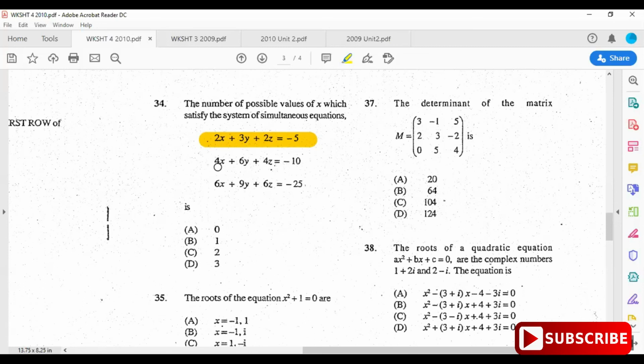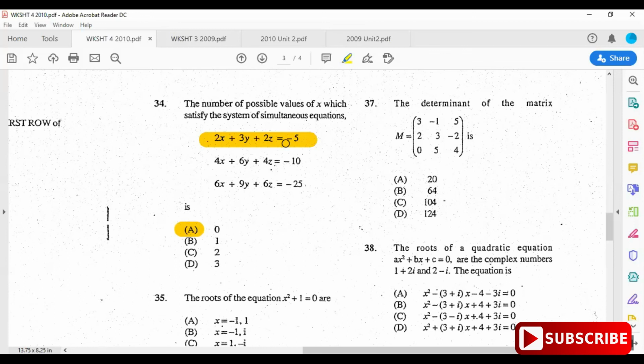If you multiply this first equation by 3, you should get negative 15, but this one gives you negative 25. That doesn't make sense, because it's the same x, the same y, and the same z, so it has no solution. The system is known to be inconsistent. There's no way I can add the same 3 terms and get different values. So the system is inconsistent, and therefore no solution exists.